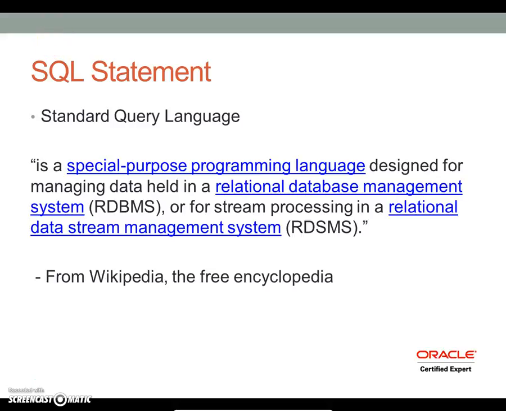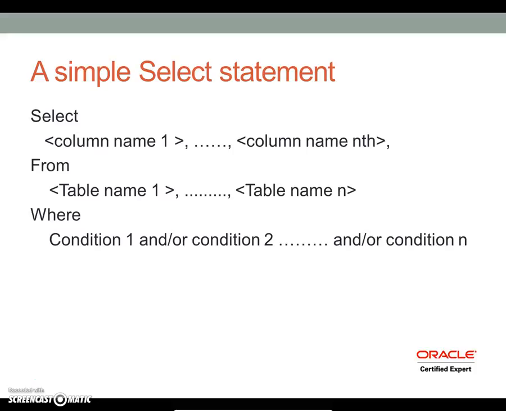To retrieve data from the database, we will use the select statement. This is a simple select statement. A simple select statement consists of the keyword select, followed by what we call expressions, which are the column names that you're going to get from the database, separated by commas.